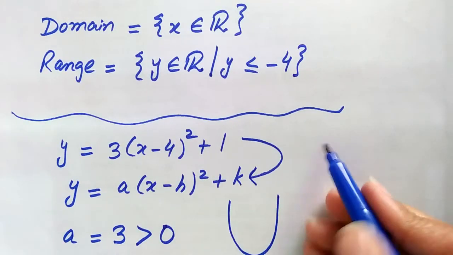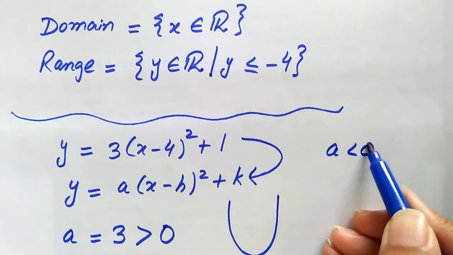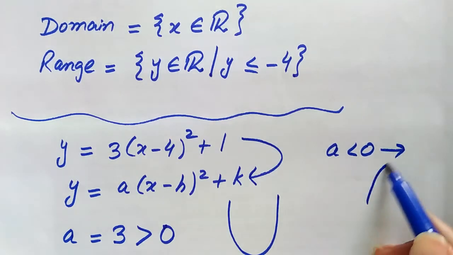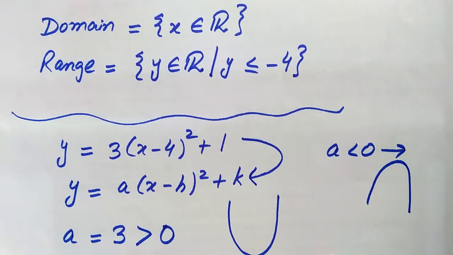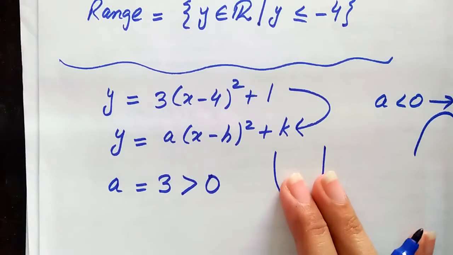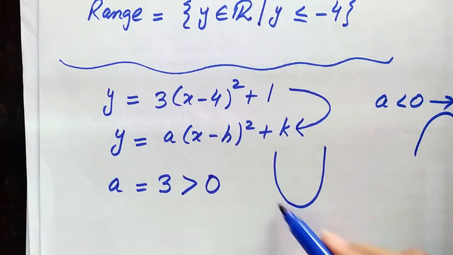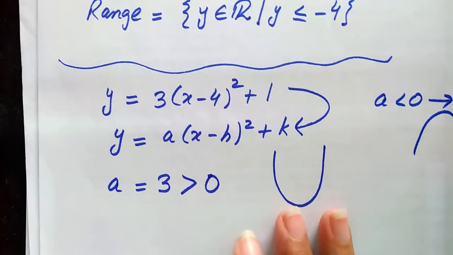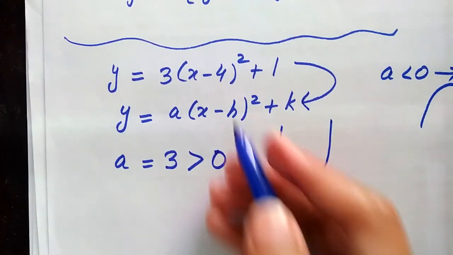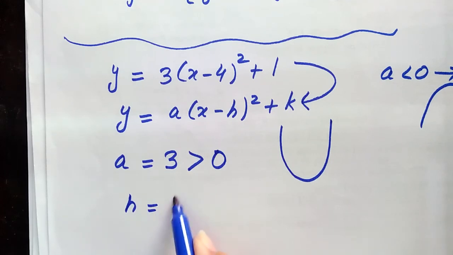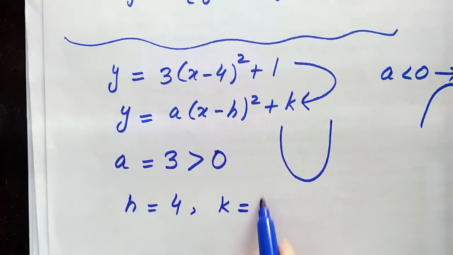If in any equation you have a less than 0, this shows the parabola opens downward. Now a equals 3 is greater than 0, so the parabola opens upward.